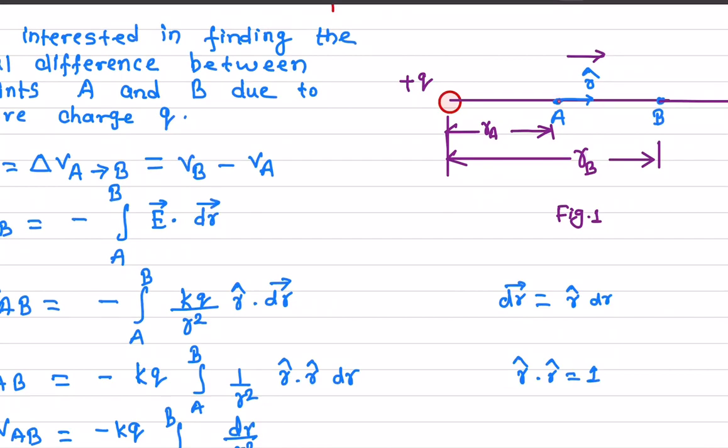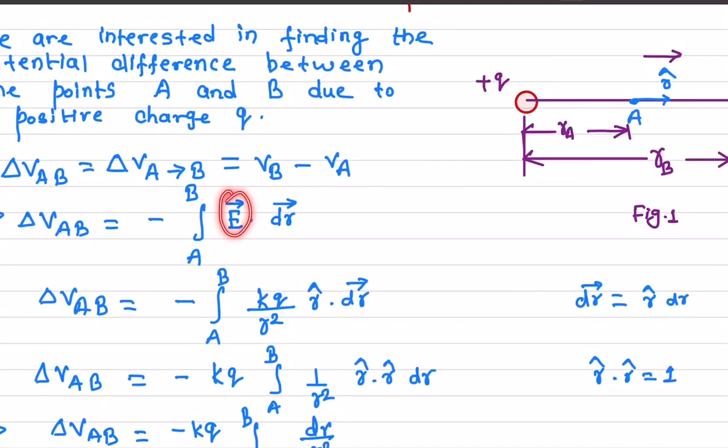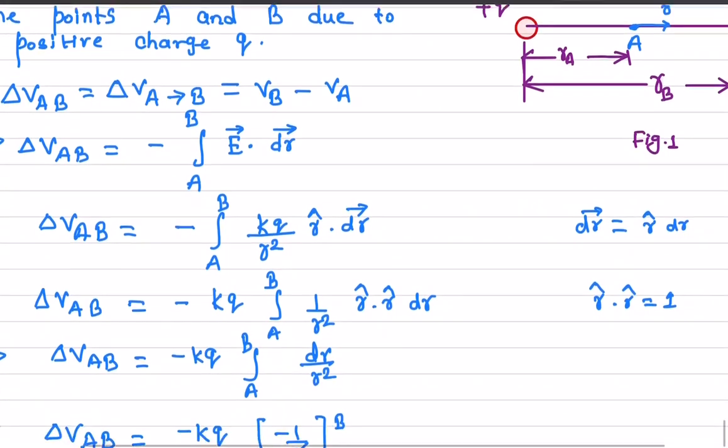Because if you look at any point, this is the direction of the electric field due to a positive charge. For a positive charge, the electric field is always radially outward, and we're moving the charged particle in the same direction. So electric field and the displacement are in the same direction, so the angle is 0. And again, electric field is not constant.